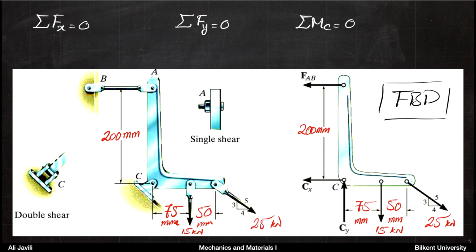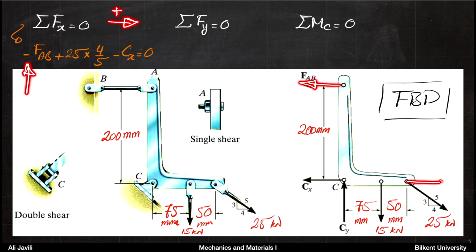The first governing equation is the balance of forces in the x direction. In the x direction, you have FAB pointing towards left. Assuming that the direction towards right is plus, you would have a minus sign here, so minus FAB. Then you have the horizontal component of the 25 kilonewton.